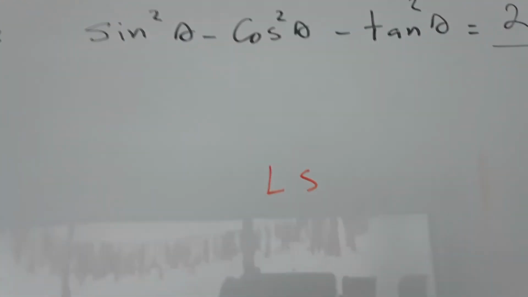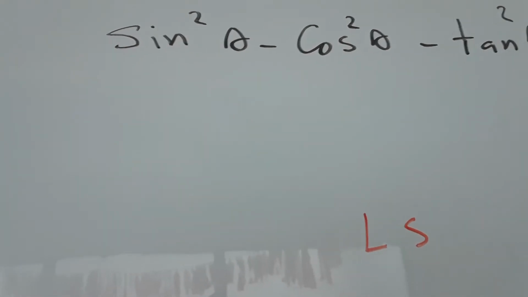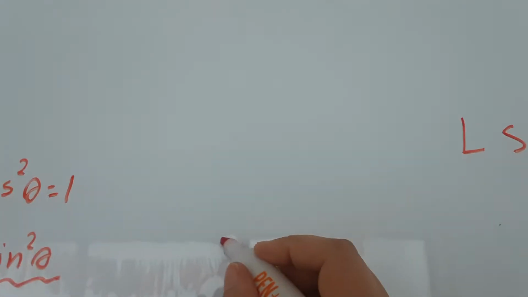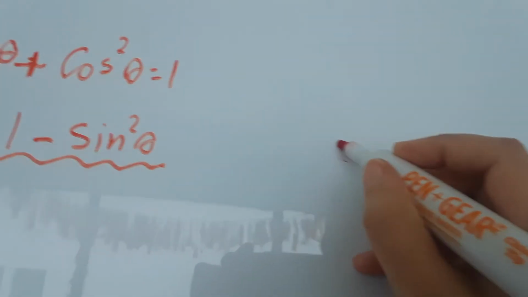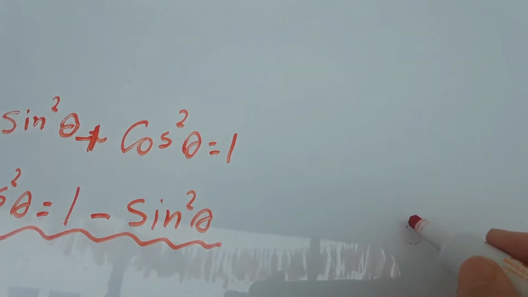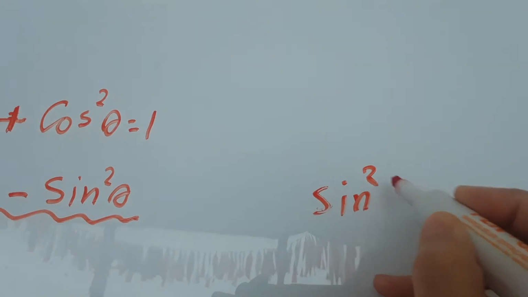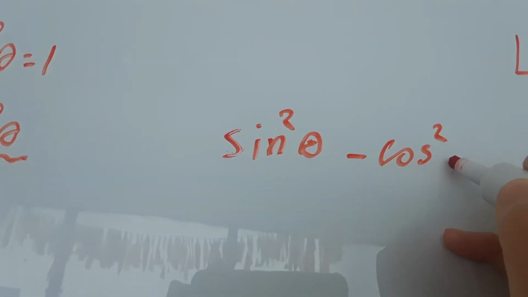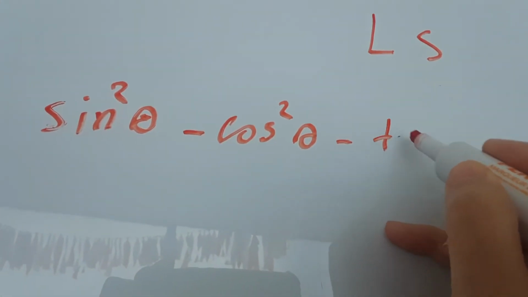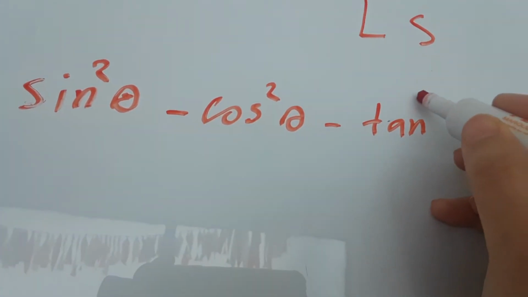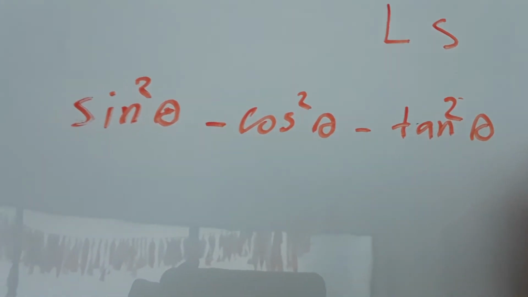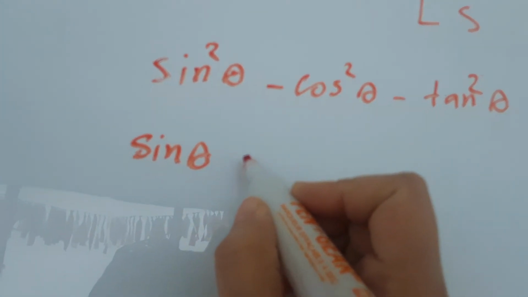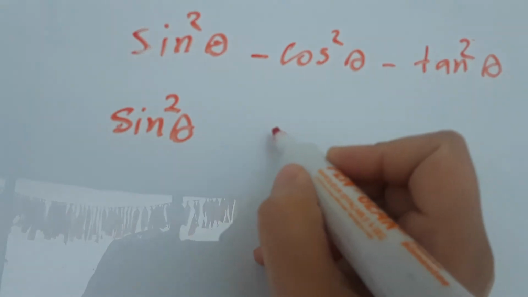I need to start with sine power 2 theta minus cosine power 2 theta minus tan power 2 theta. Instead of the sine power 2 theta, I just keep it the same because at the other side everything is sine.